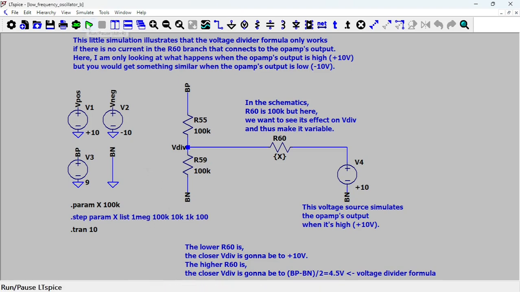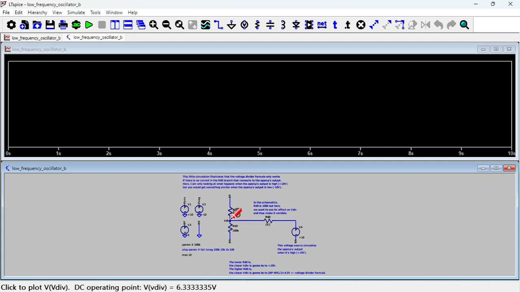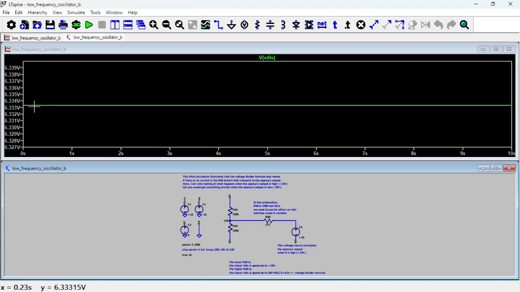So if you run this thing and you look at the voltage at the divider, you're going to get the 6.3 volts I was talking about. The 6.3 volts that we were seeing in the other trace. And if you put minus 10 instead of plus 10, you should get something like 0 volt, maybe a little bit less, like minus epsilon volts.